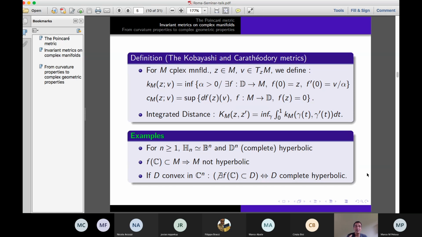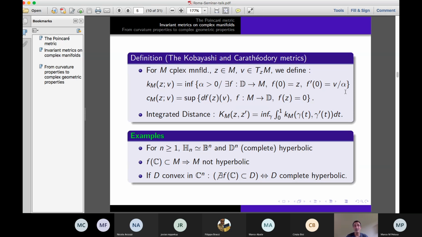And it's easy to see, because if you look at the definition of the Kobayashi pseudometric, at the infimum, you can put larger and larger disks, so it's as if you could put maps with alpha that are smaller and smaller. Imagine exactly what happens in C. If you reduce to the unit disk, it will just tell you that you have larger and larger derivatives.